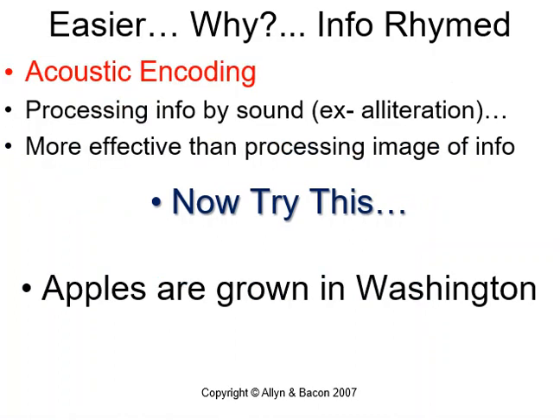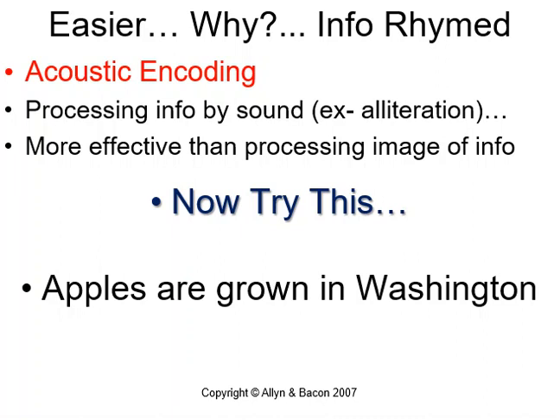All right, what did it say? Pain, crane, sane, lane. If you got that one a little bit easier than the first one, that's because this makes use of what we call acoustic encoding. Acoustic encoding, just like it sounds, haha, get it? Sound, uses sound to help you process information.